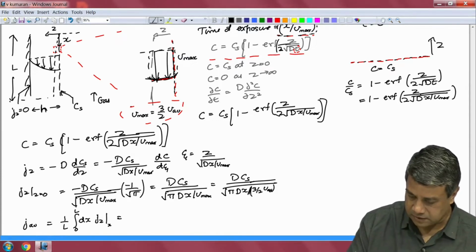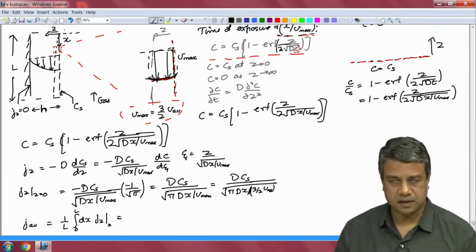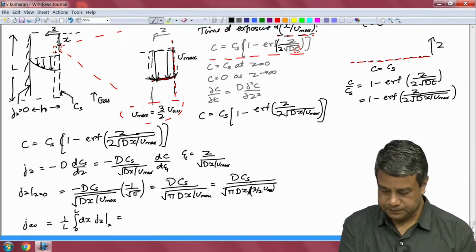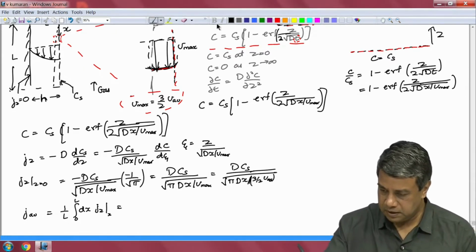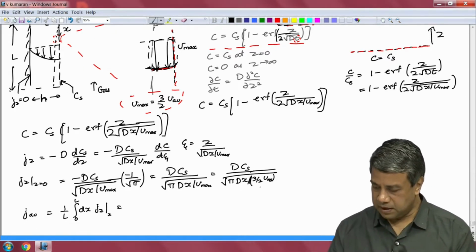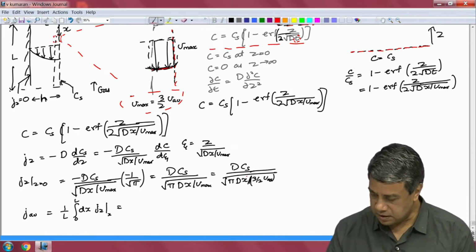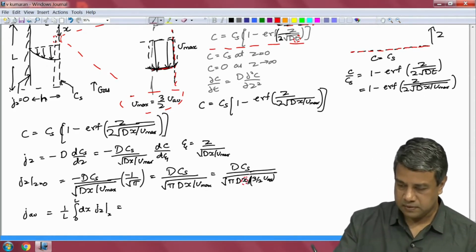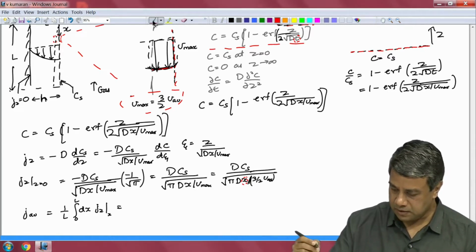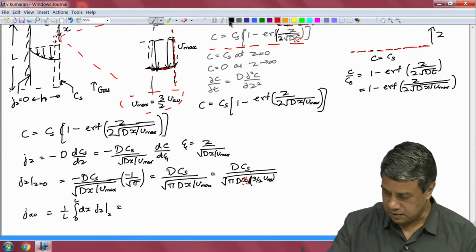So, the average over the entire length L. So, that is the average flux. The only term that depends upon x in this entire relation is 1 over square root of x. So, I can take out all of the other terms out of the integral.